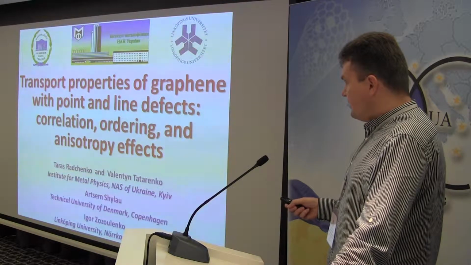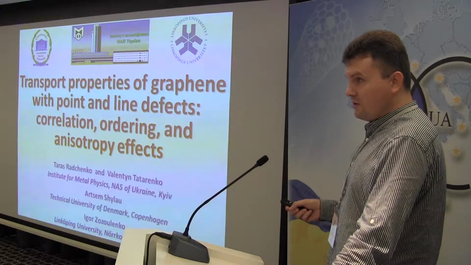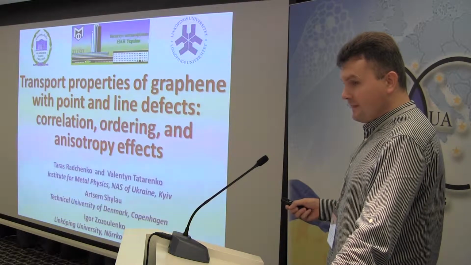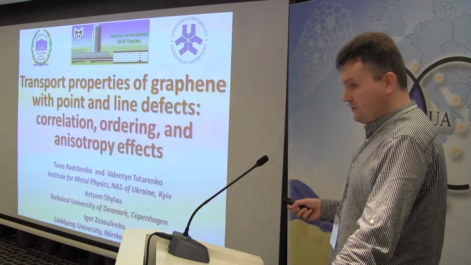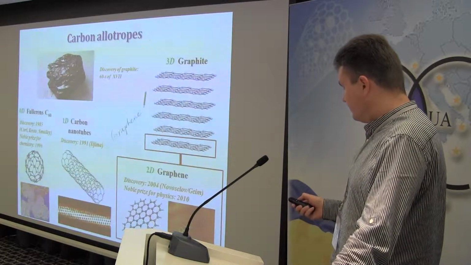Specifically, we consider how correlation of impurities and line defects, and even how ordering, change the transport properties of graphene, change the diffusivity and hence the conductivity.